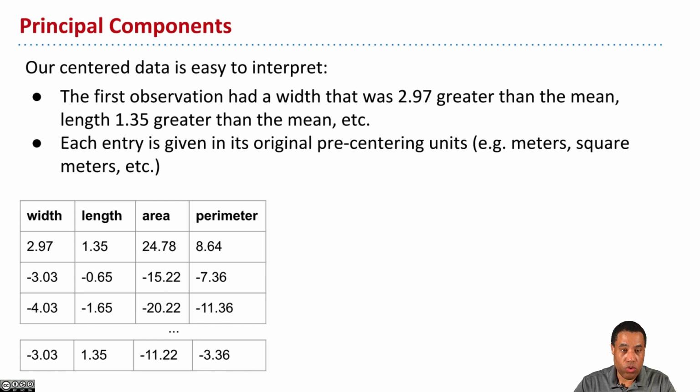And on the next row, the width of negative 3.03 is 3.03 meters smaller than the average for the widths that we measured for the 100 yards. So each entry is still in its original pre-centering units, so meters for width and length, square meters for area, and meters for perimeter.